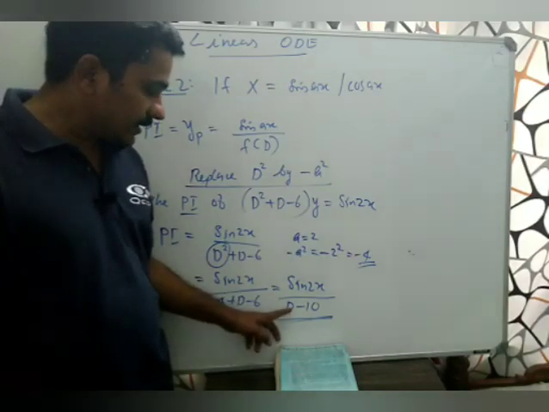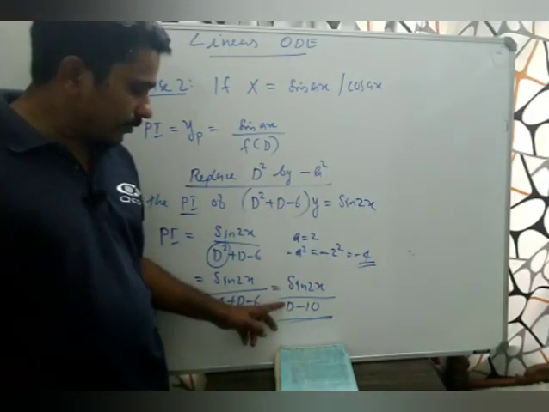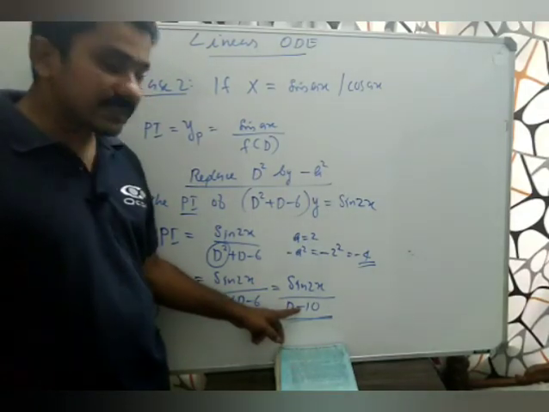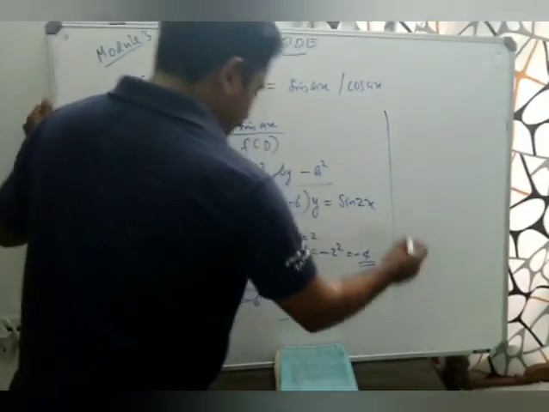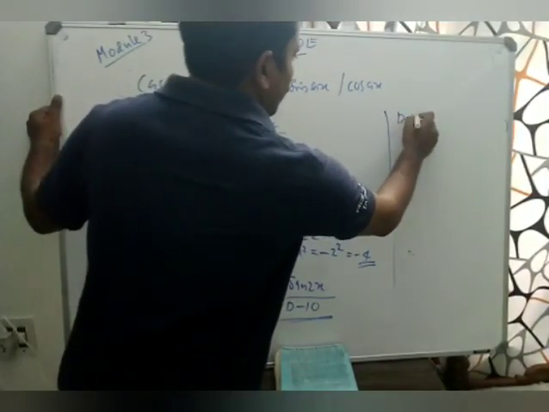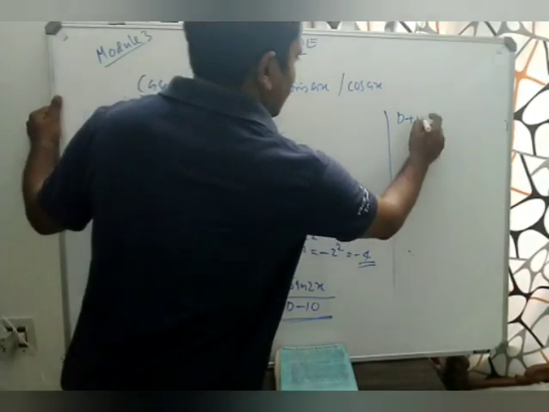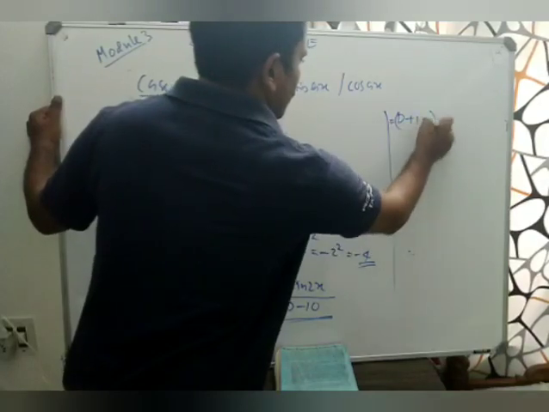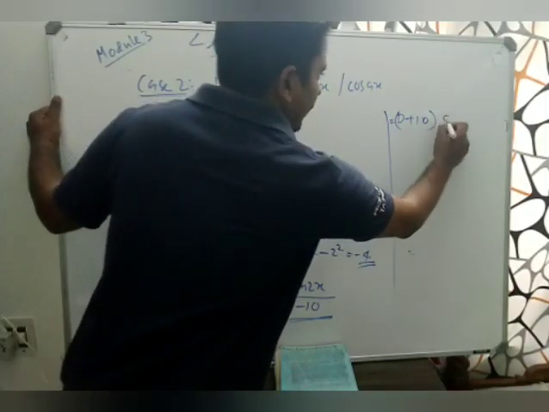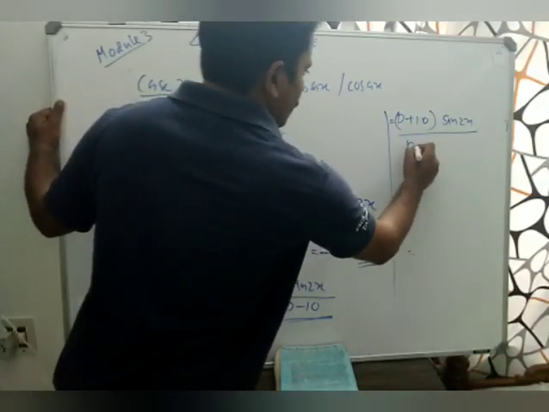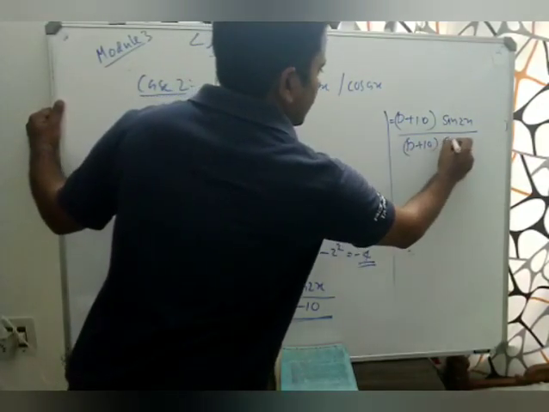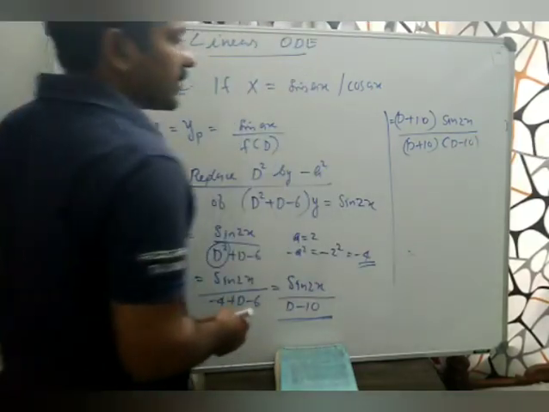In the sense, we multiply both numerator and denominator with D plus 10. So D plus 10 of sine 2x over D plus 10 times D minus 10.